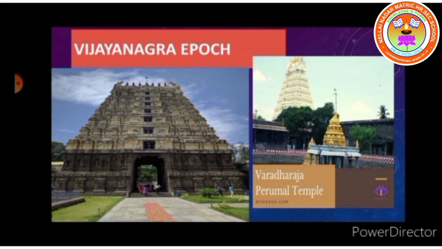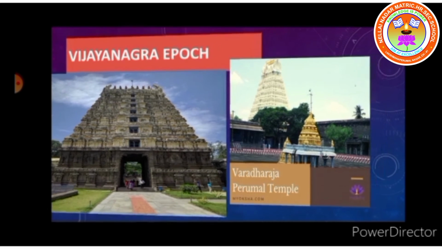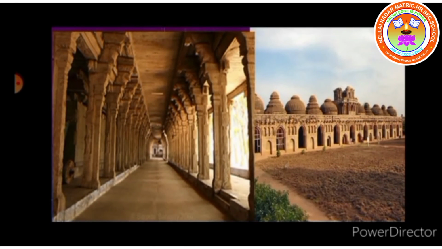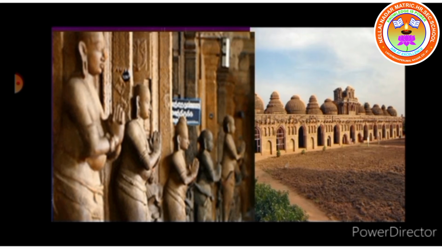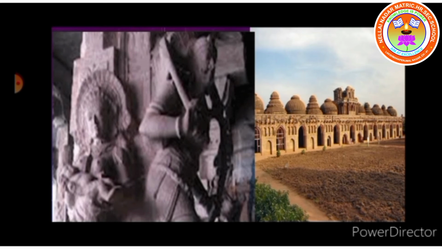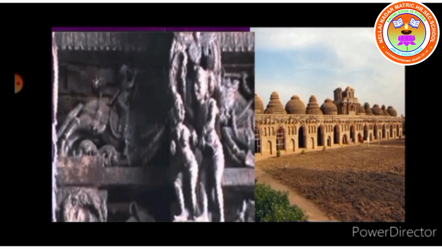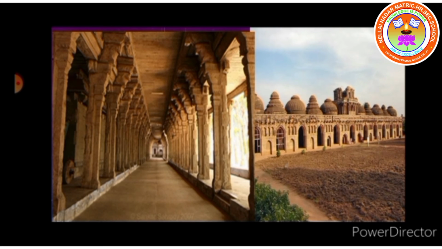These mandapams attract attention for their monolithic pillars. On these pillars are sculptured horses, lion, and the goddess. The Kalyana Mandapam at Kanchipuram, Varadaraja Perumal temple, and at Vellur, Jalakandeshwara temple are the notable examples.